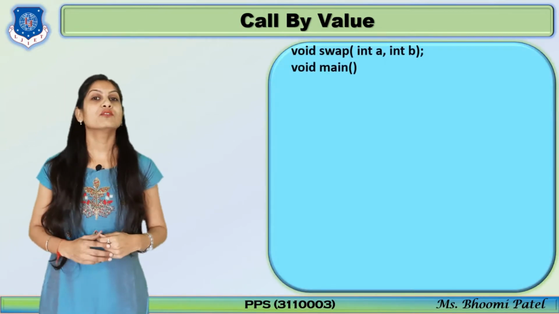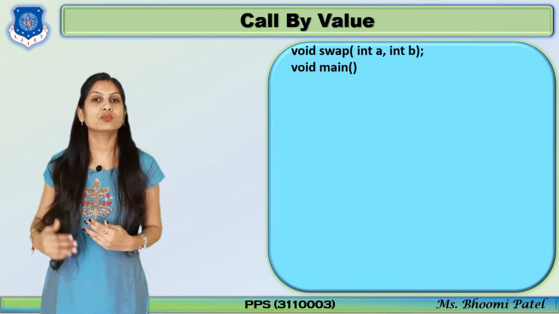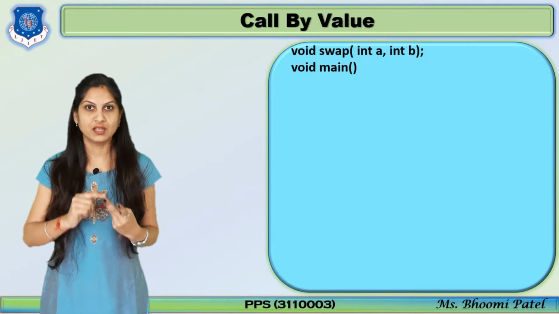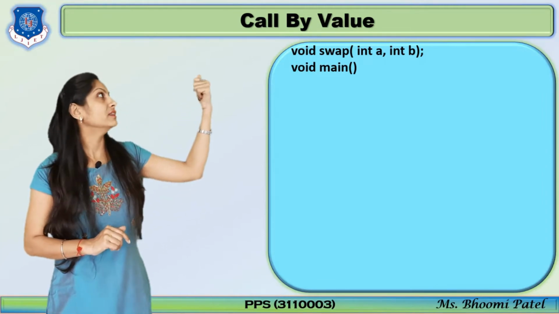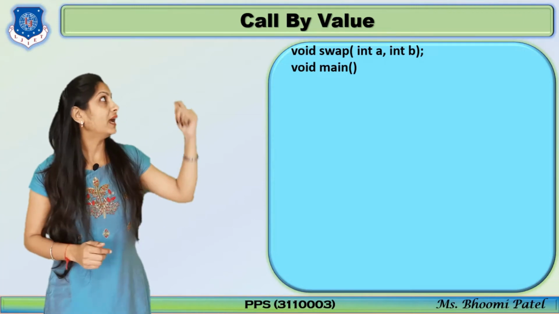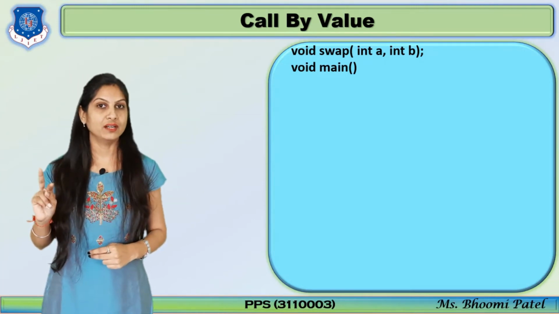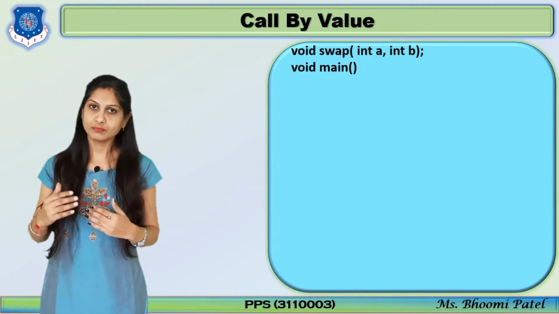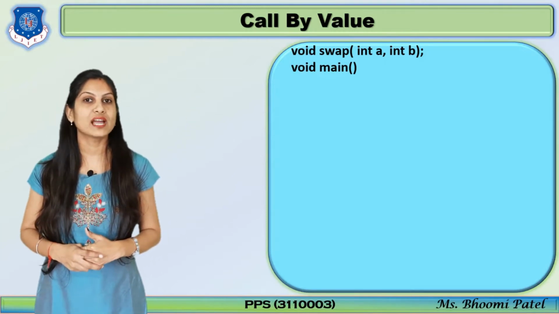Here void is there, meaning we are using the third category, function with argument and no return. Then the function name swap, because we are interchanging the two values, and then we need two values, integer a and integer b.